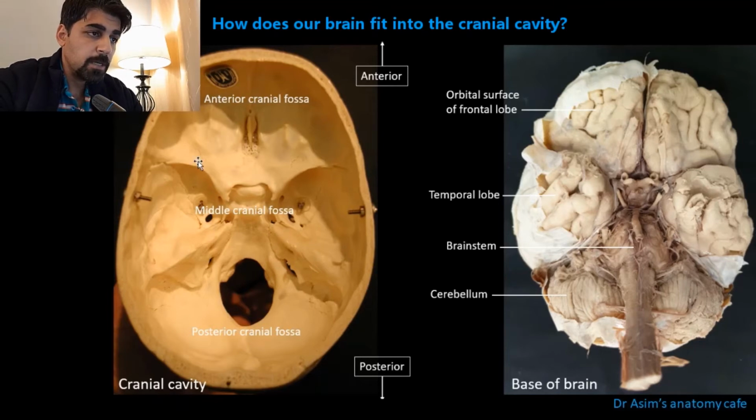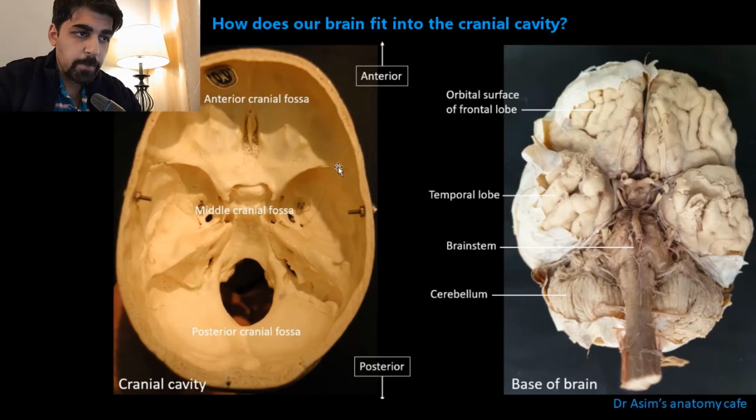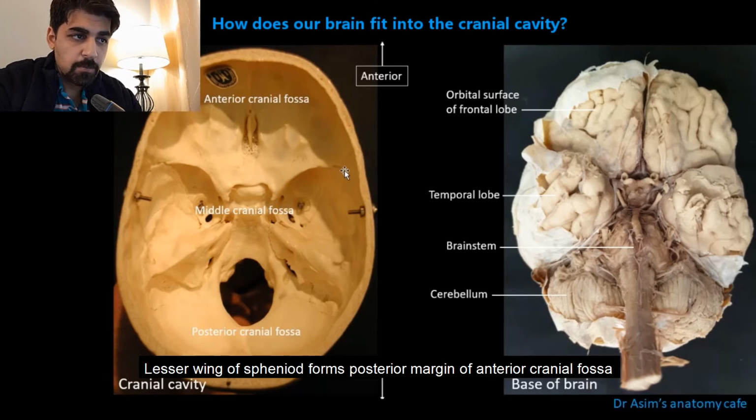But for now, what you have to know is that this is a bone called the sphenoid. It has a body to it, and then it has two wings popping out of it. This is the sharper, lesser wing of the sphenoid bone, and then the greater wing can be seen down below over here. The sharp edge of the lesser wing of the sphenoid bone forms the posterior extent of the anterior cranial fossa.